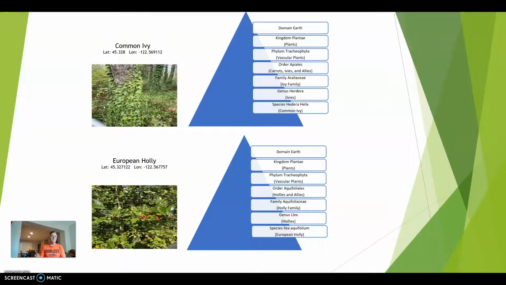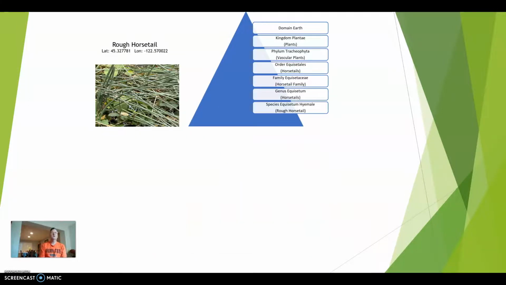And then you saw different introductions of other types of plant species in the area, like the European holly, which is beautiful in the wintertime and looks great, but unchecked, it can pretty much run rampant in the ecosystem and really, again, impact the environment as a whole.